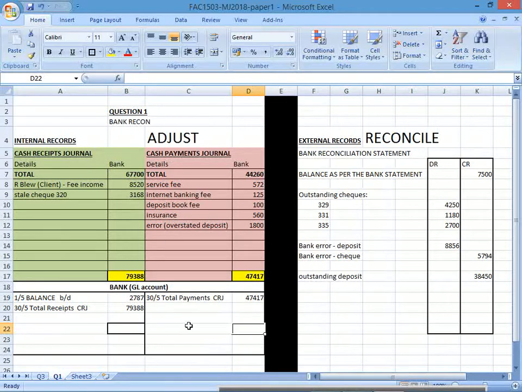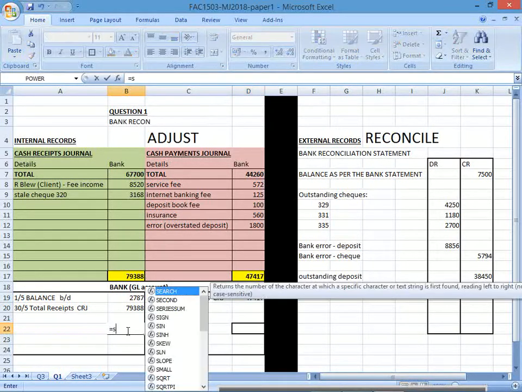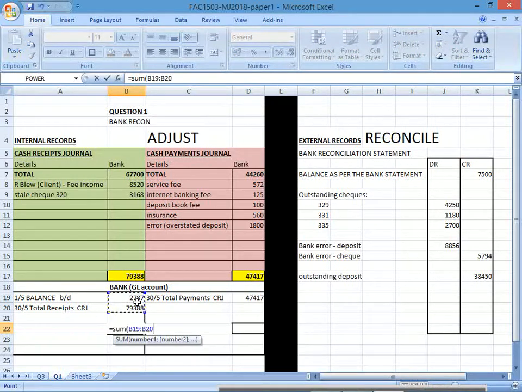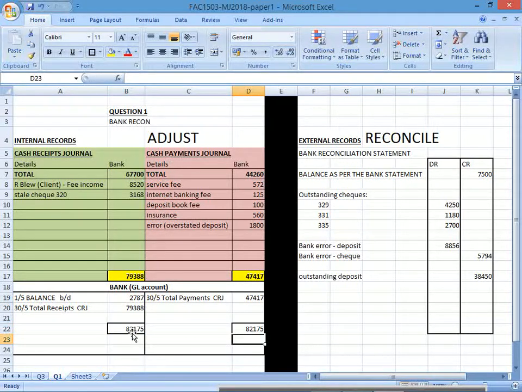Which side is bigger here? Well, I can see 79,000 is already bigger than 47, so I know this side is bigger. I sum up those two amounts and I write down that total. 82,000 is bigger than 47, so I'm going to write down the 82 on both sides. Then I need to find the missing figure.